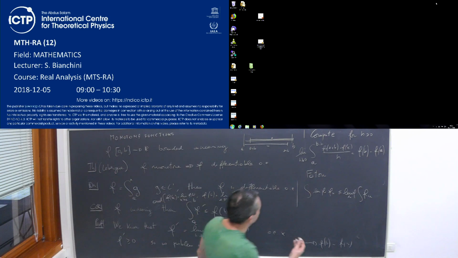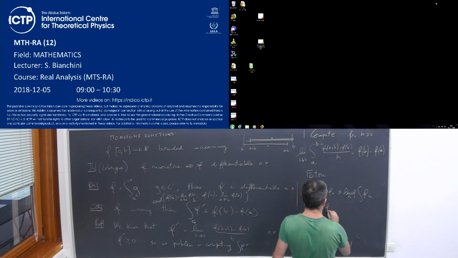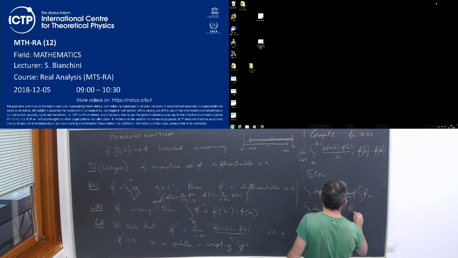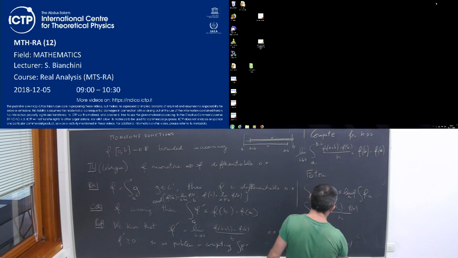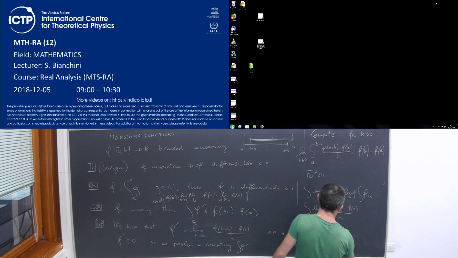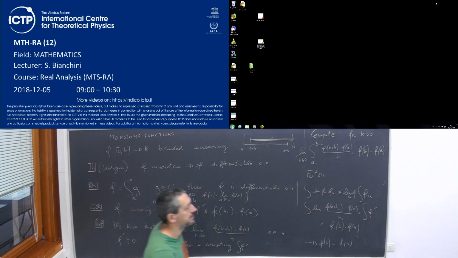So here it means that the integral of the lim of this difference, a sequence through a sequence, but we know already that the sequence is converging, is less or equal than the limit of the sequence, the limit of the integral, which is this guy. But we know that this guy is f prime. And everything is from a to b.